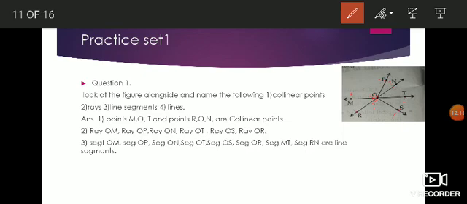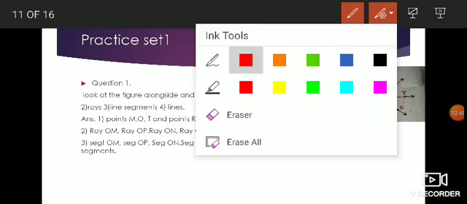And MT and RN also are segments only, because these points are present on the line. That's why these are parts of a line. See, our answer is correct now: segments OM, OP, ON, OT, OS, OR, MT and RN are line segments.